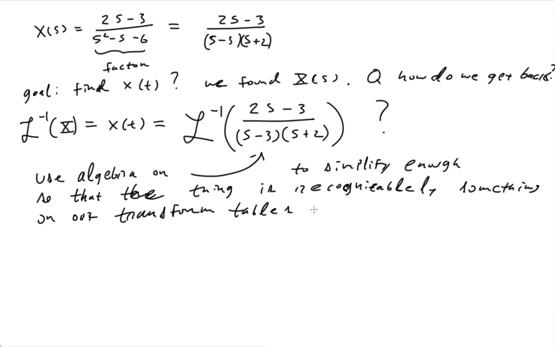And I want to now go back and make a comment here. Note the following fact. If we look at the table, we find that the Laplace transform of e to the rt is equal to 1 over s minus r.